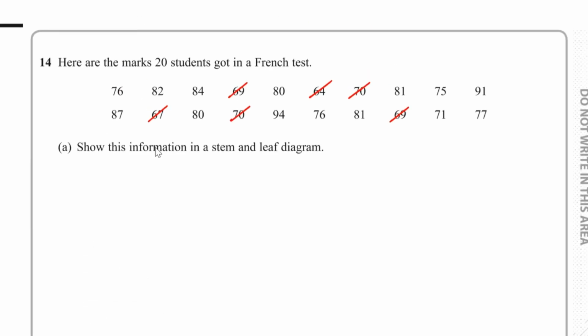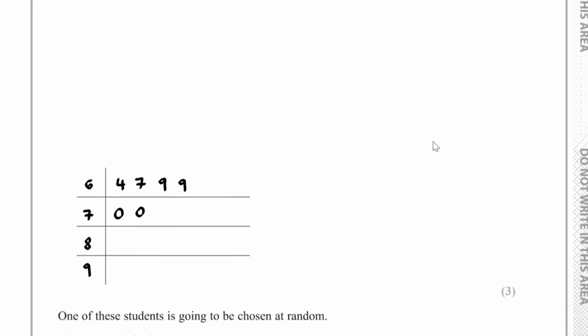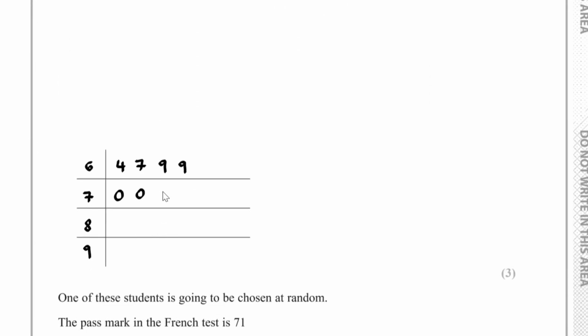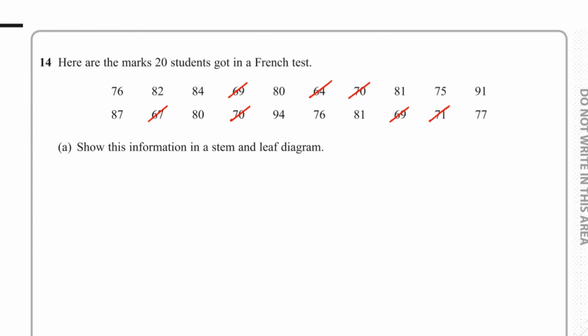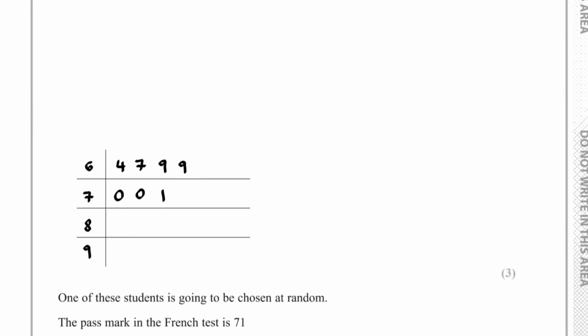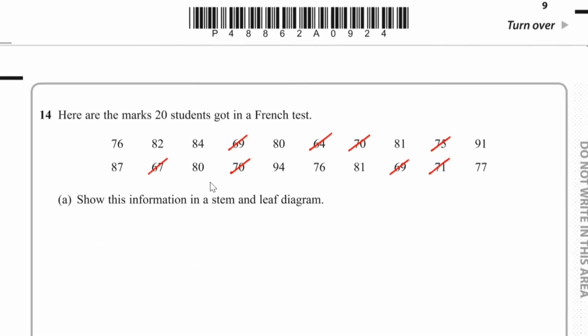Then we've got the next smallest one, which is this 71. So we cross off this 71. And then we've got the next smallest number, which is 75. So the 5 goes here. And then after that, we've got the 76, which goes here.